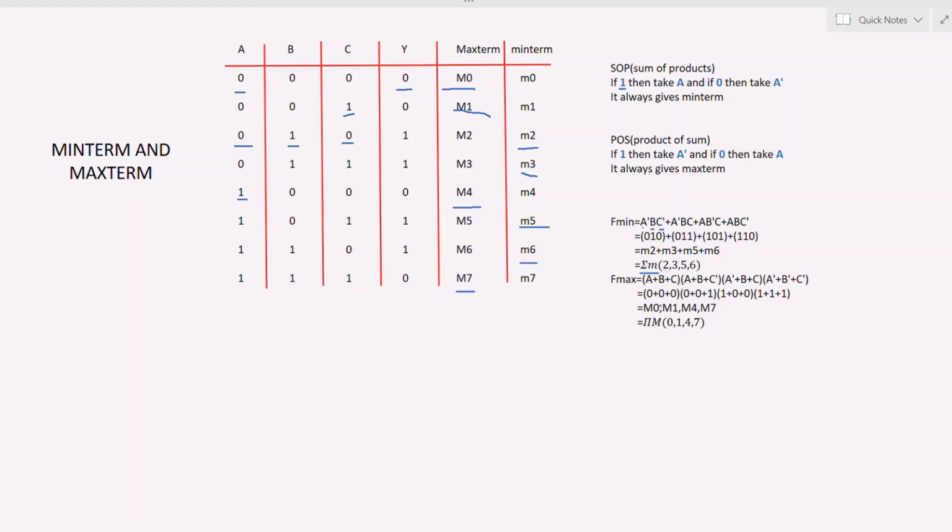So we have taken the corresponding values here, and it's 0, so M0, it's 1, M1, this is M4 and this is M7, and we always represent the maxterms in pi M form. So 0, 1, 4 and 7. I hope you understood the concept, and this will be used in solving K-maps and other problems. Thank you for watching.